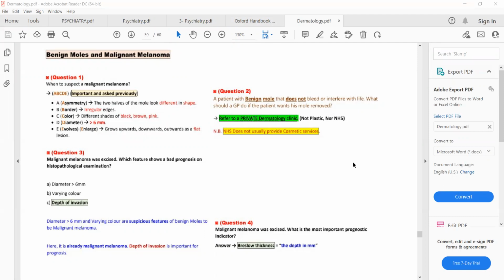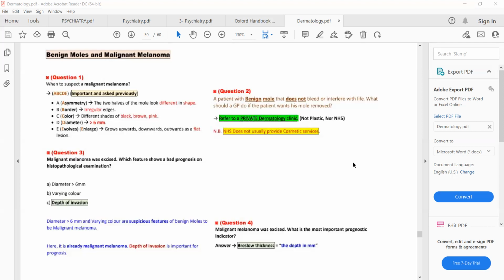A for asymmetry. If the two halves of the mole look different in shape, then this is a suspicious feature. B for border. So irregular border or irregular edges. C for color.